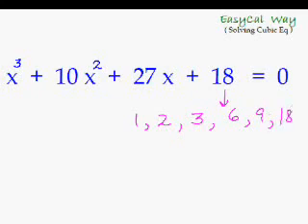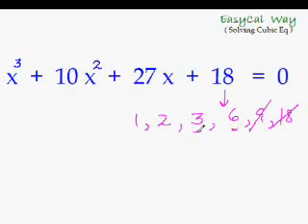Now once again, since this equation has all the plus signs, we need to select three factors out of these whose sum is 10. So obviously it can't be 18, as 18 itself is greater than 10. It can't be 9 either, as we can't add two more factors to 9. So now only 4 factors are left.